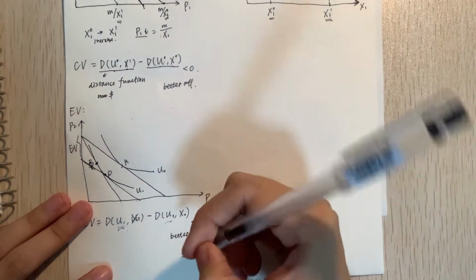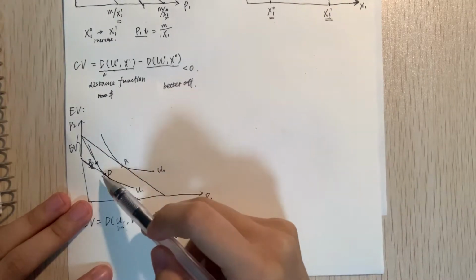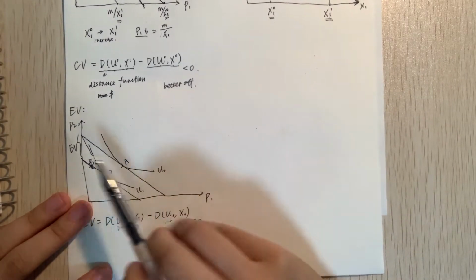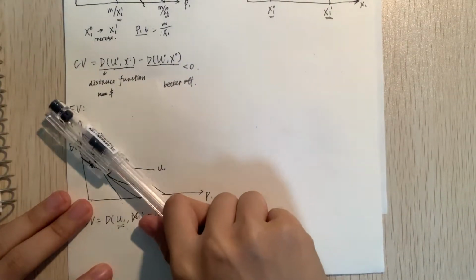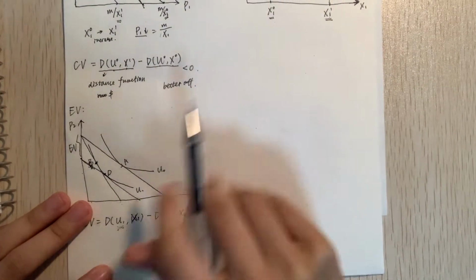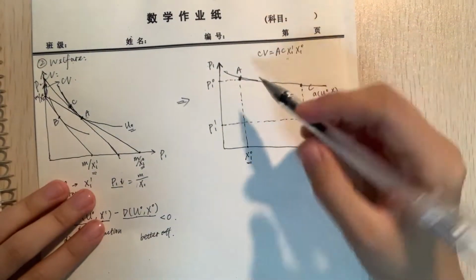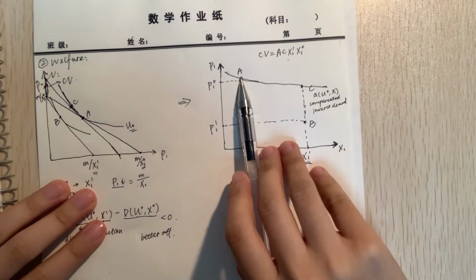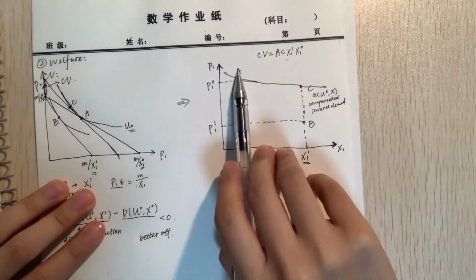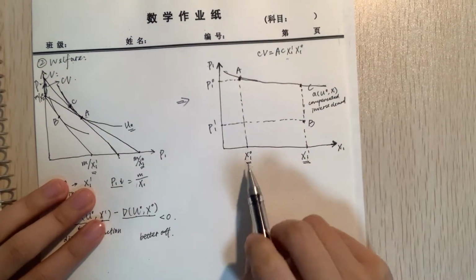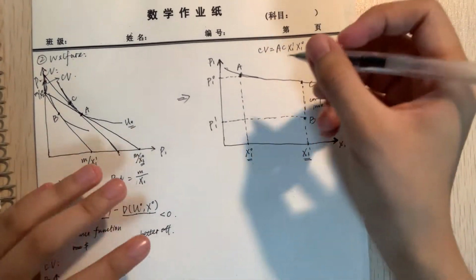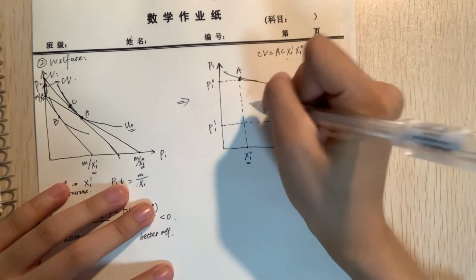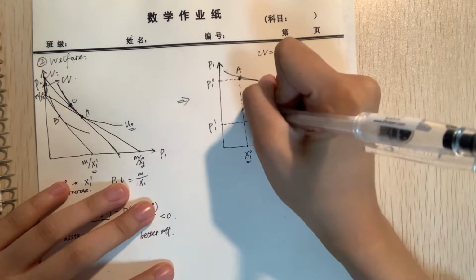What we do know is that it is the same level as the original quantity, right? It is the parallel shift of the original budget constraint. So the quantity here should be on the same vertical line as X10, but it has slightly higher prices, which makes this line also downward sloping.